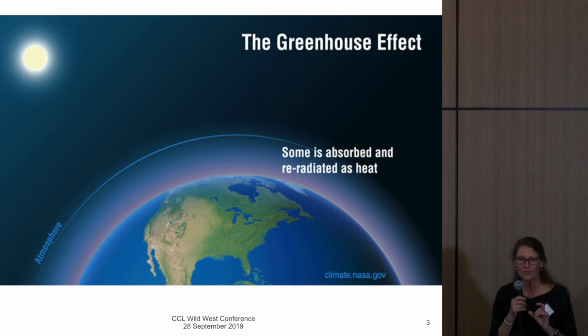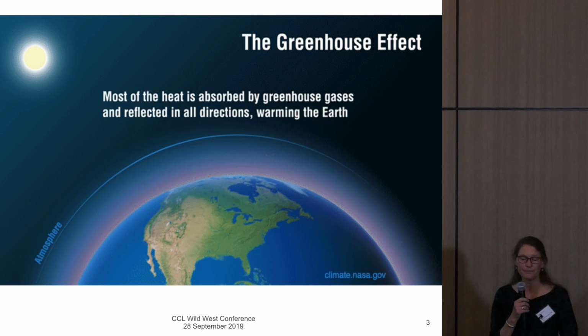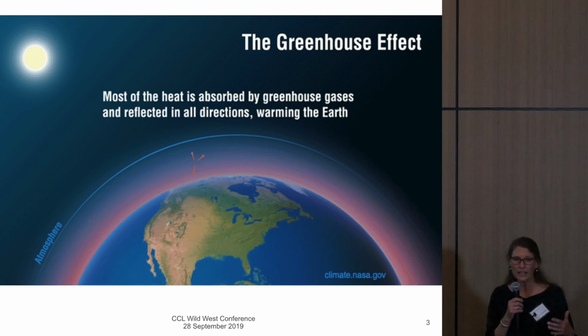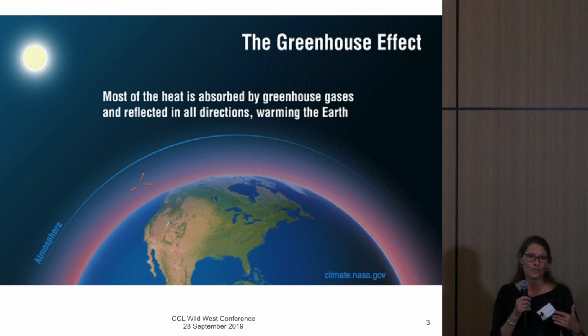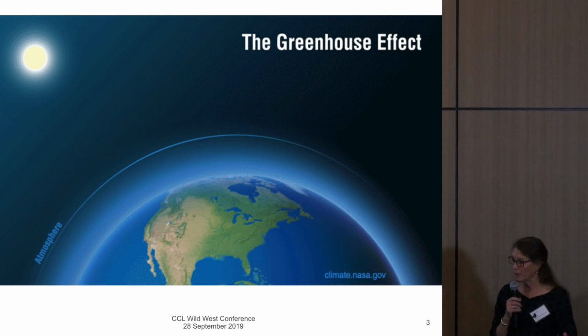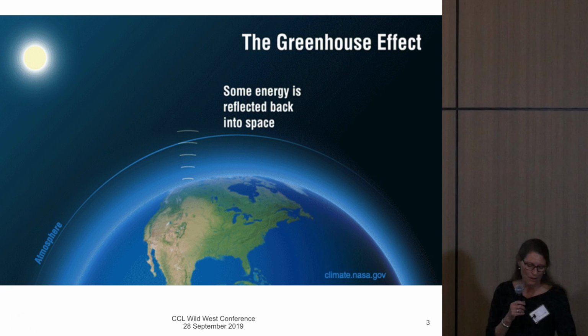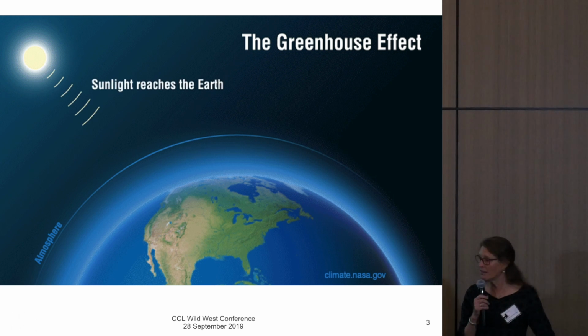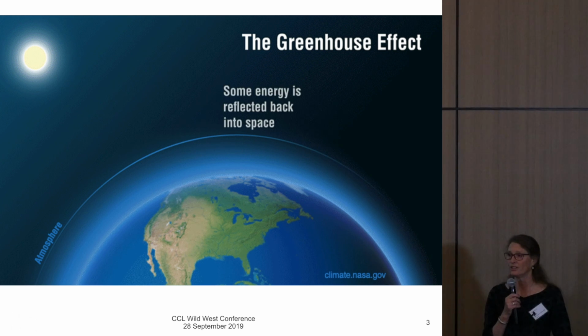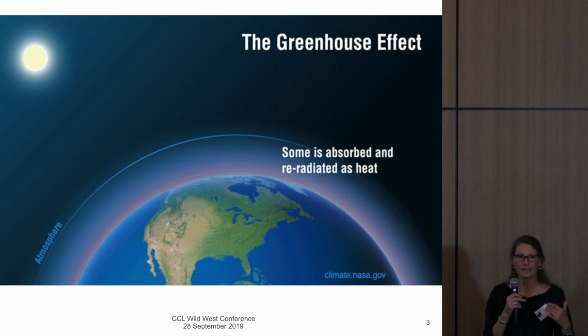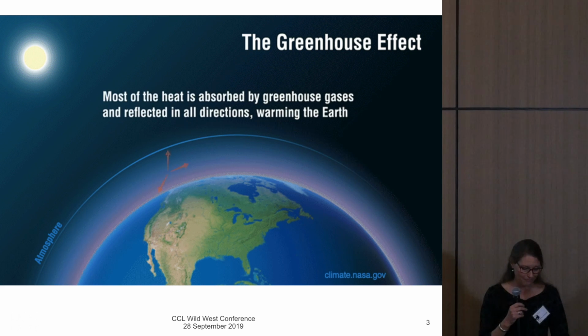This thin layer of the atmosphere is, of course, what makes life on Earth possible. And so we want greenhouse gases in the atmosphere to provide that layer of warmth, this little blanket that we wrap around our small little planet. But it's an awfully thin layer, and we're putting an awful lot of extra CO2, extra greenhouse gas in that atmosphere. And we're thickening the blanket, and it's warming our planet, as we all know.